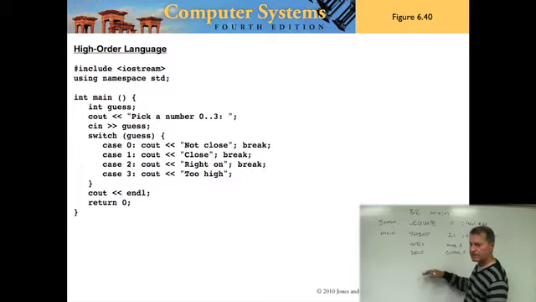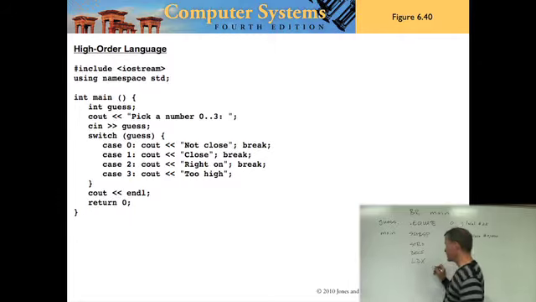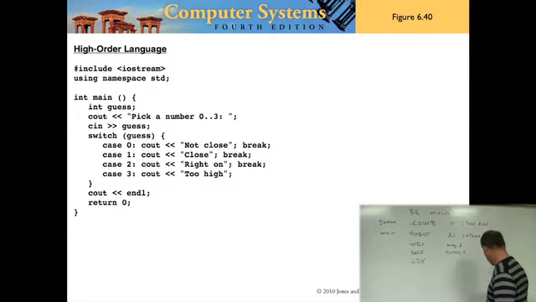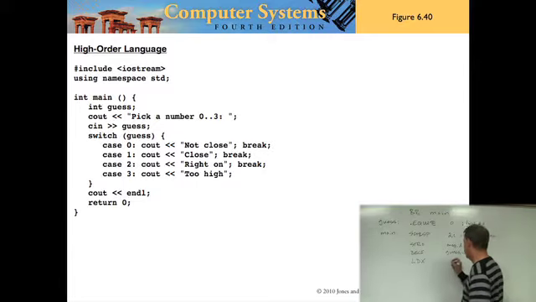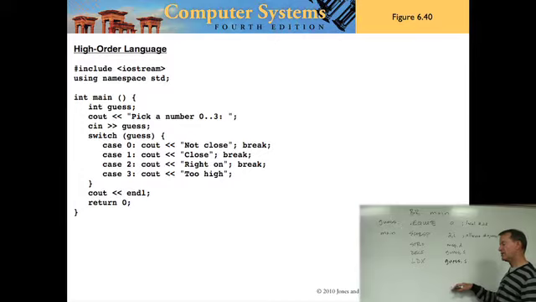So we load the index register with guess. Using what addressing mode? What kind of a variable is guess? It's local, so it is stack relative, because we want the value of it. All right. Now that's in the index register, but an address is 2 bytes.